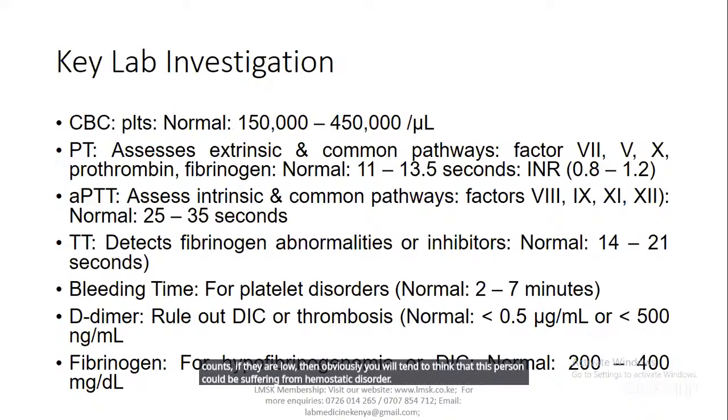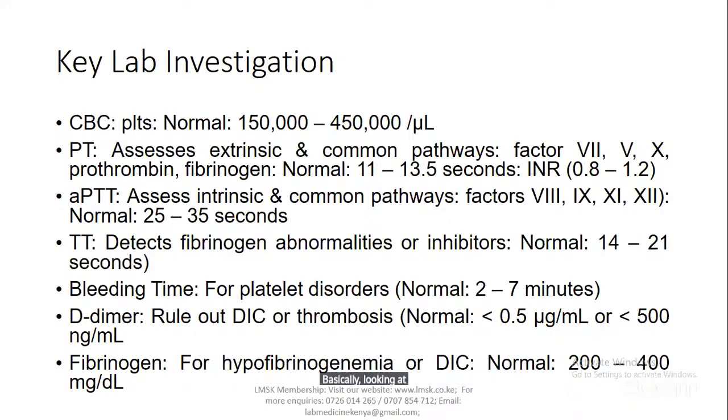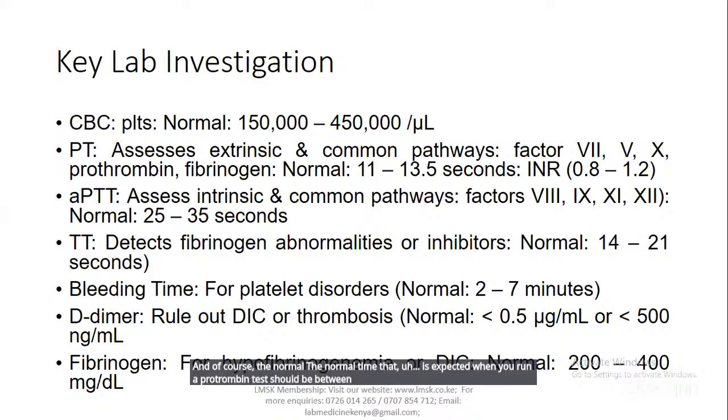Then the other test is the prothrombin test. The prothrombin test assesses the extrinsic and common pathway, basically looking at factor 7, factor 5, factor 10, prothrombin, fibrinogen, and of course the normal time that is expected when you run a prothrombin test should be between 11 to 13.5 seconds.